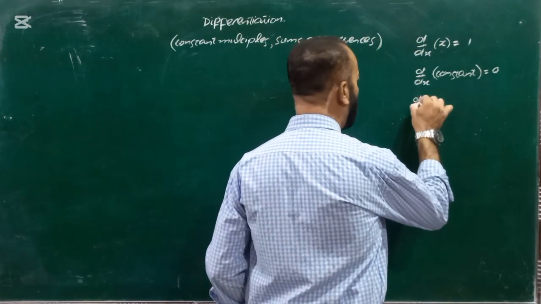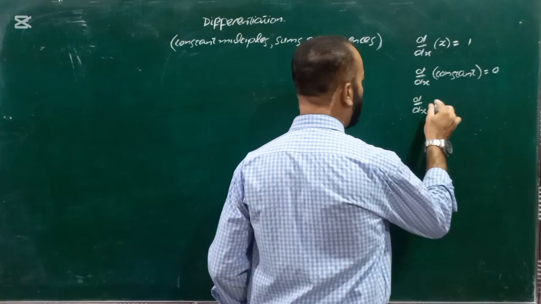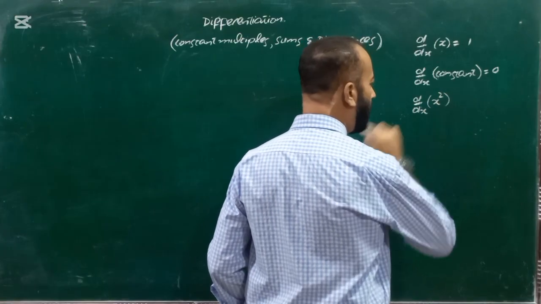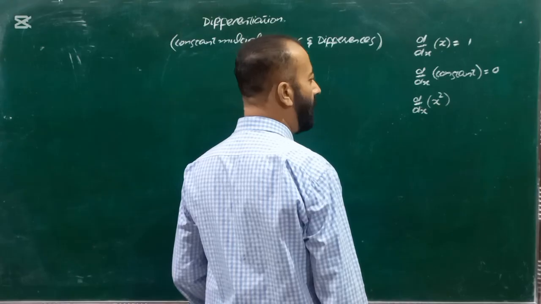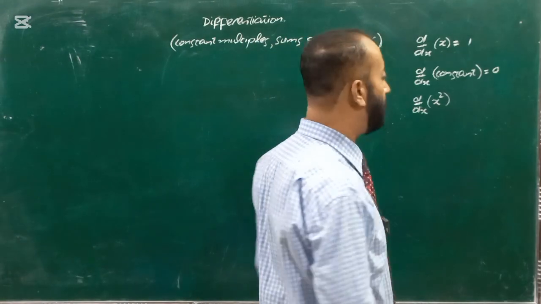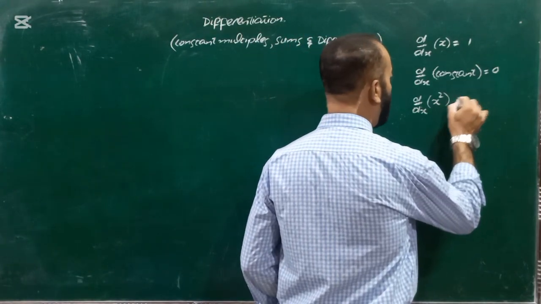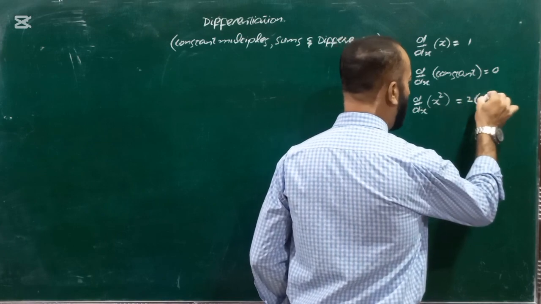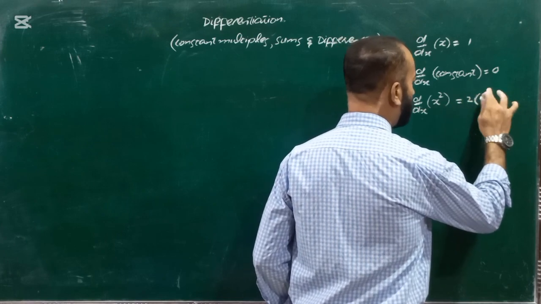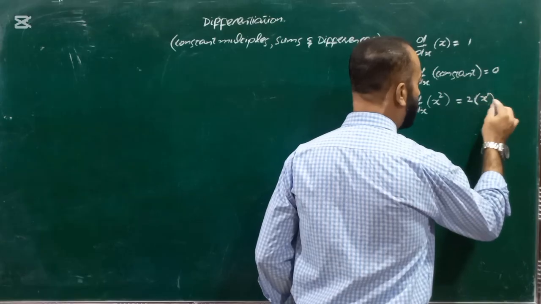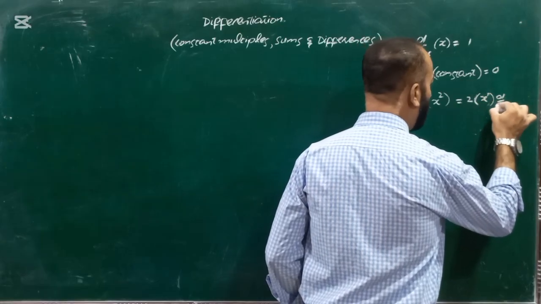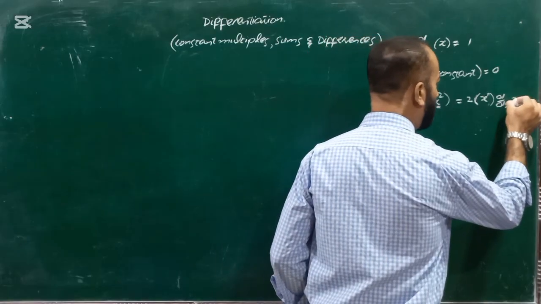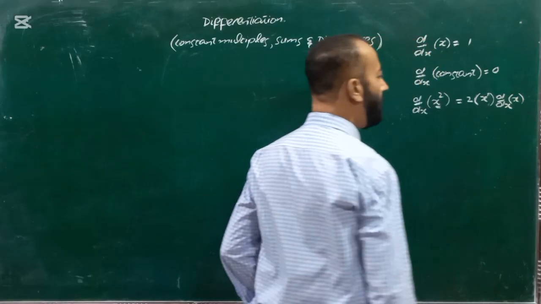The differential of any variable having power other than 1, the method will be: the power will come down, make 1 less from the power, and take the differential of the original value which is having power. So this will be the method.